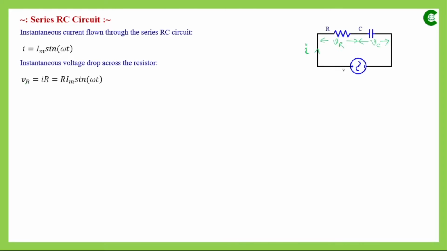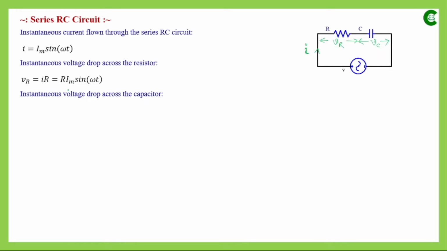It is simply current multiplied by the resistance of the resistor, so i multiplied by R. Here i is the instantaneous value, because at any moment we need to know the value of that current. So i will be replaced by this expression Im sin omega t, and that is multiplied by R.